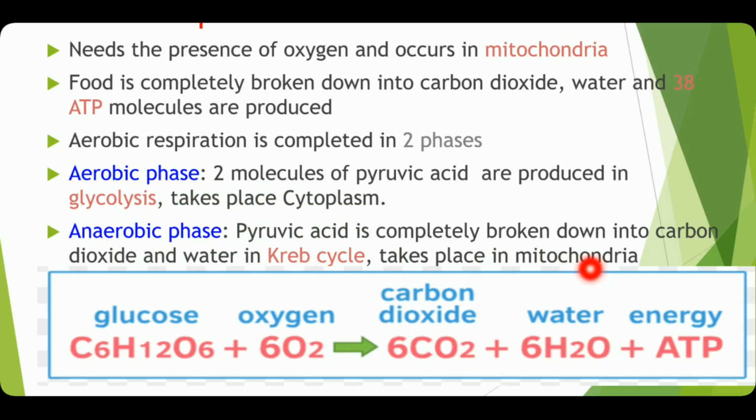So inside the cell there is the cytoplasm, where the anaerobic phase occurs in the absence of oxygen. And then in the cytoplasm there is also the mitochondria, one of the cell organelles, as you know. In the mitochondria, oxygen is there, and further breakdown of pyruvic acid takes place, which forms the end products carbon dioxide and water.